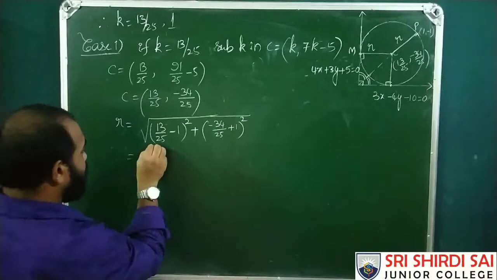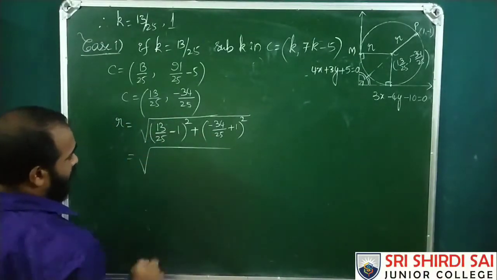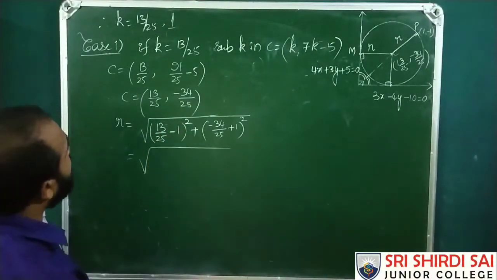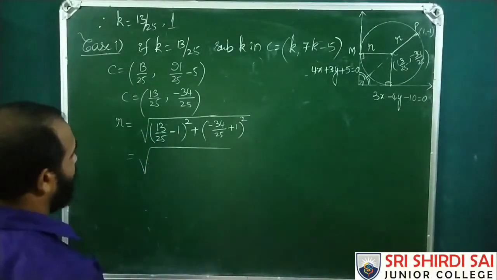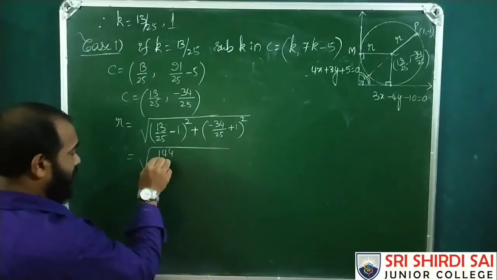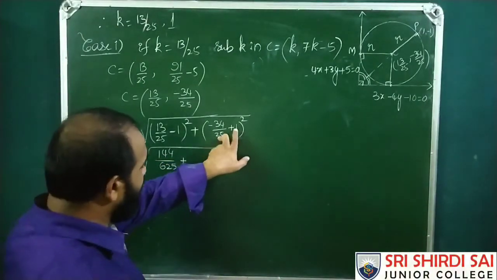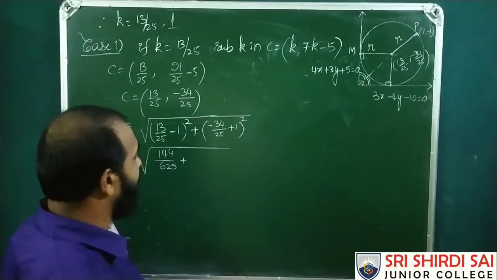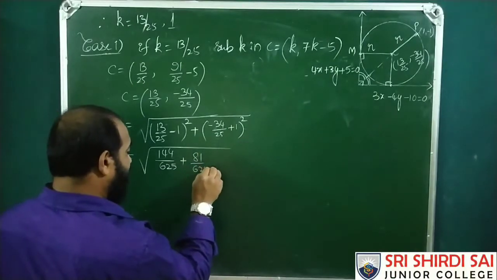That is 13 minus 25 is minus 12 by 25, so minus 12 by 25 whole square, so 144 by 625, plus 25 ones are 25, minus 34 plus 25 is minus 9 whole square, which is 81 by 625.